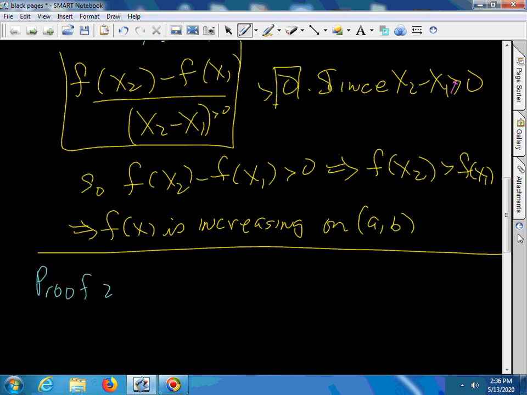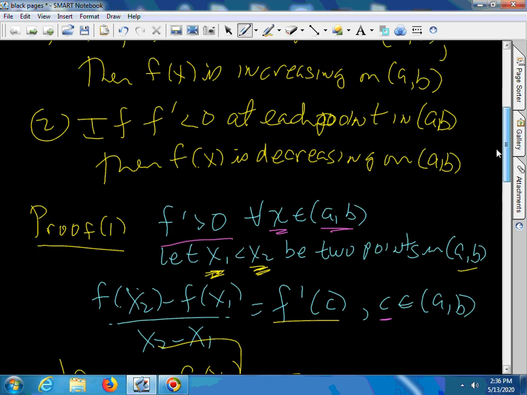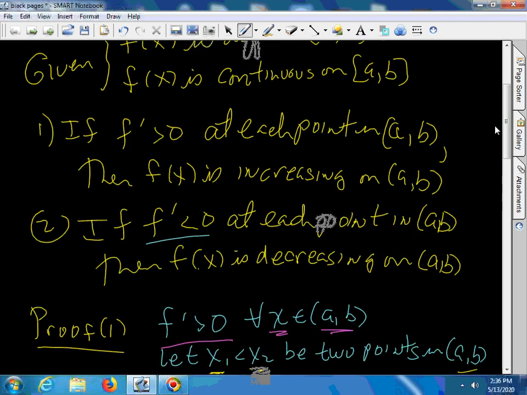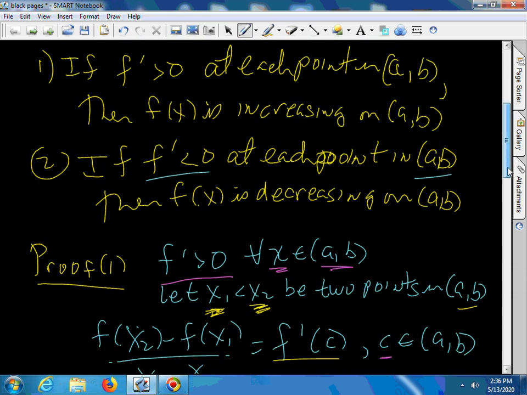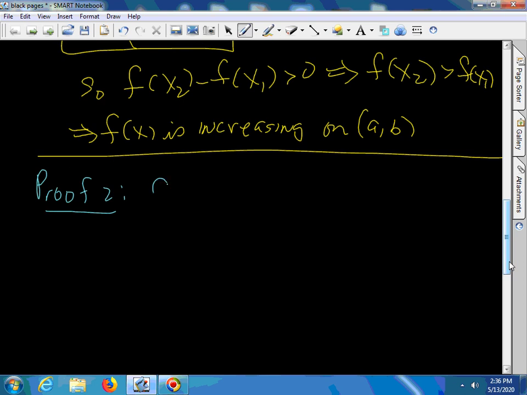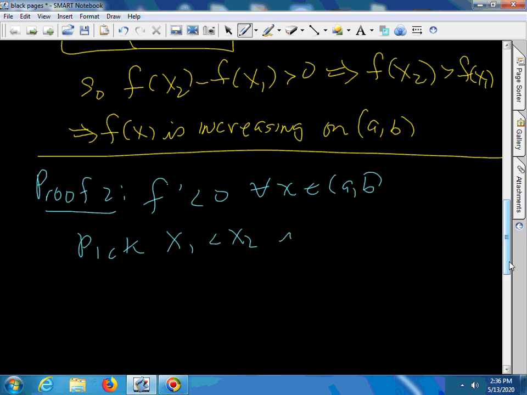Okay, so now we want to do the proof for 2. The proof of 2 starts off with f prime is less than 0 on every point in AB. So pick x1 less than x2 in AB.